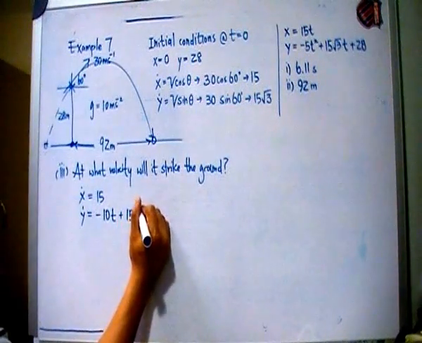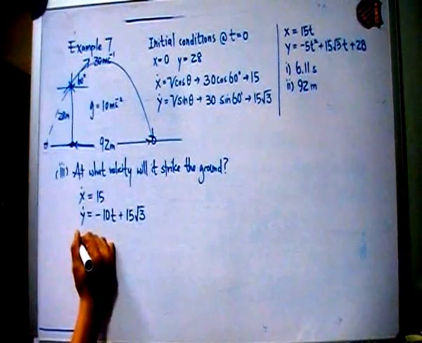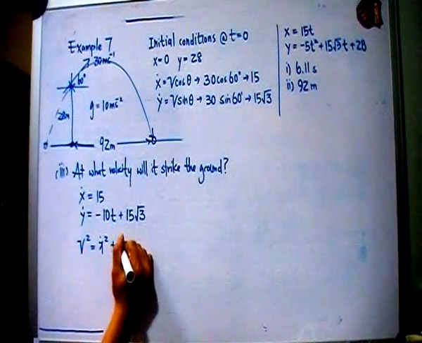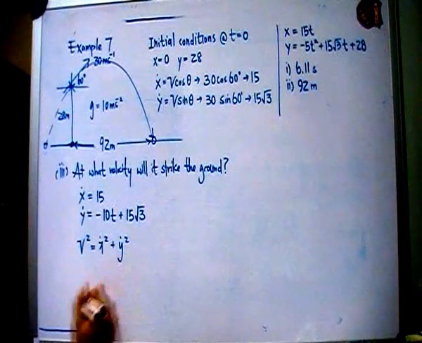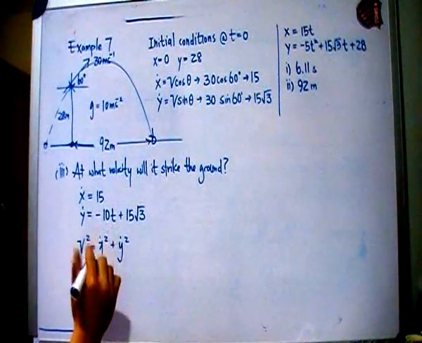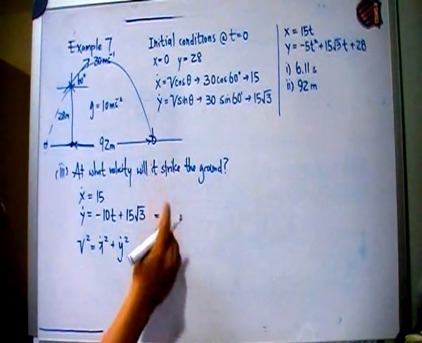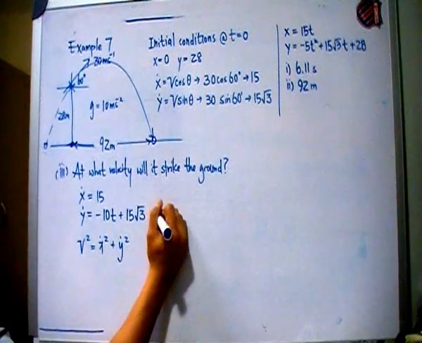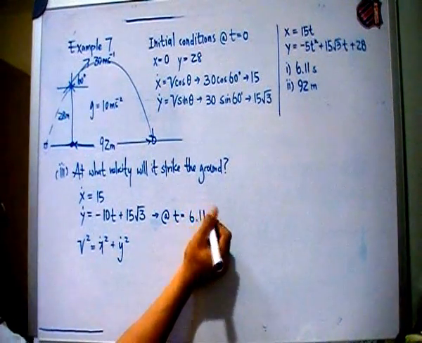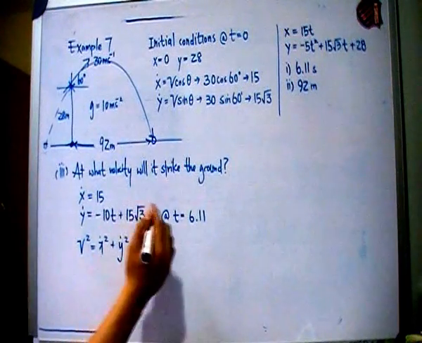In order to get velocity, remember we use velocity squared equals x dot squared plus y dot squared. Don't forget now, your y dot at t equals 6.11, because that's where we're interested in.